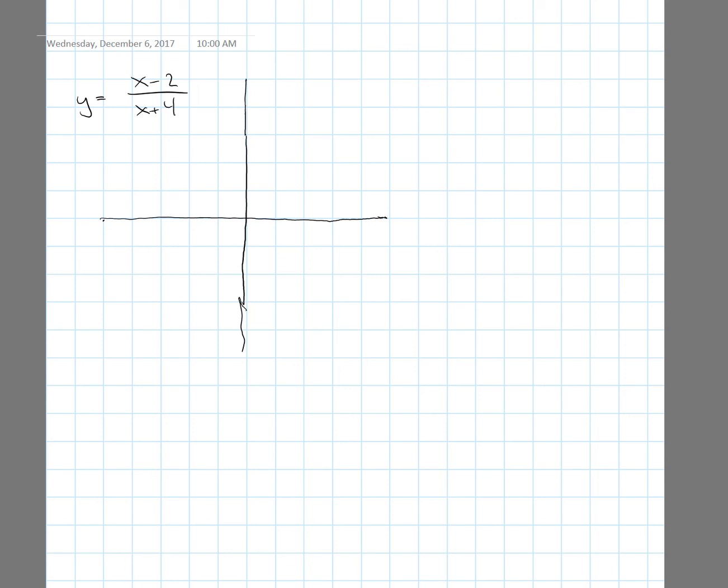First thing we want to think of is the vertical asymptote, which I've been doing in red.